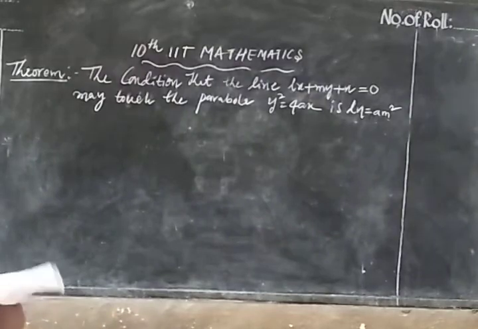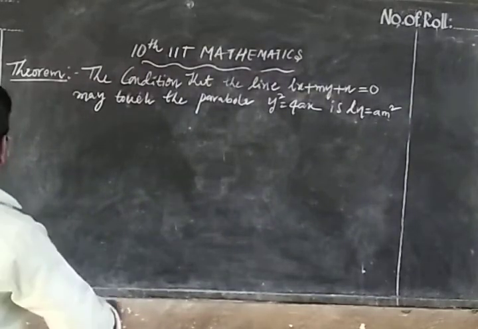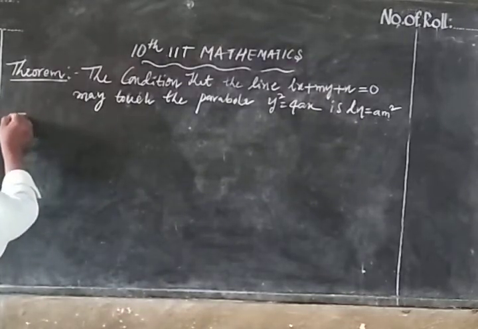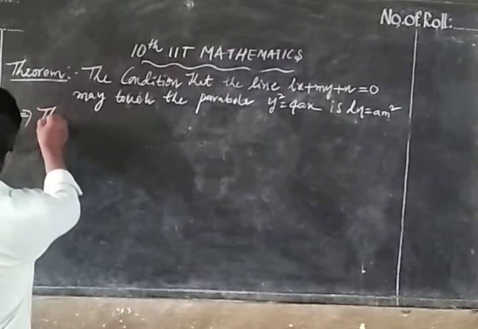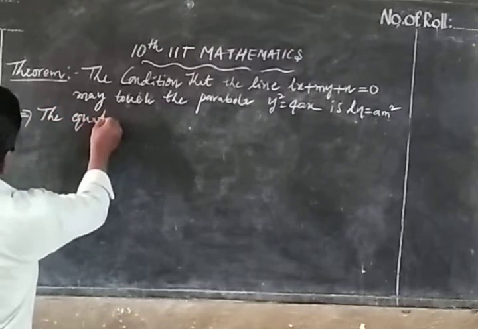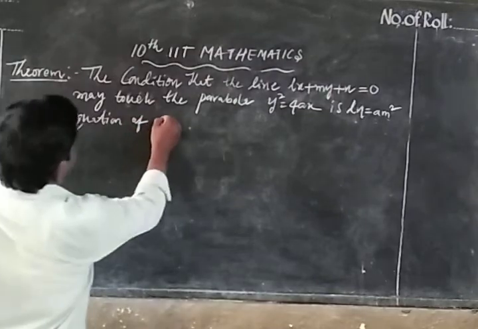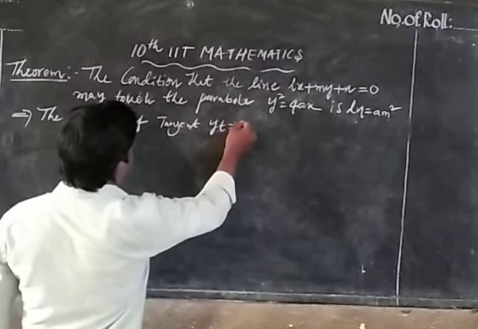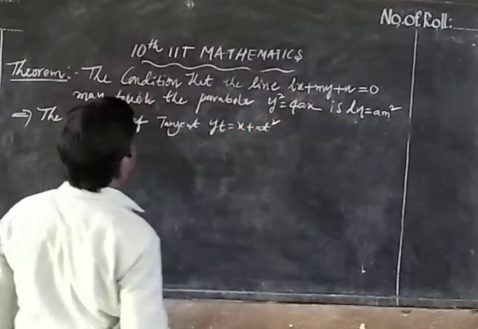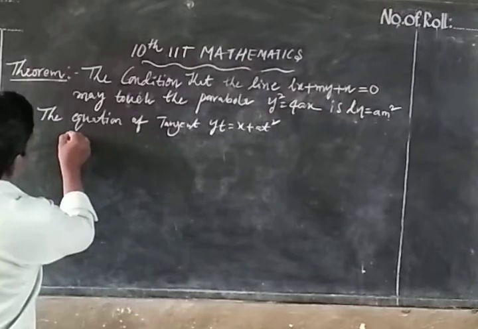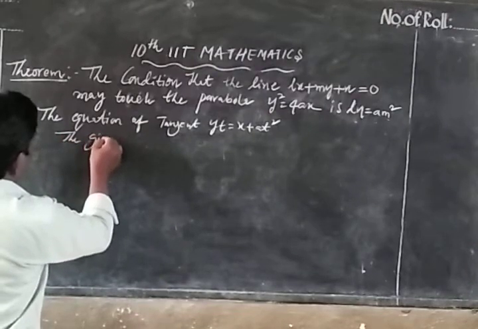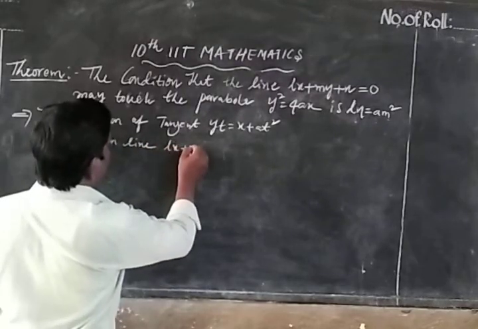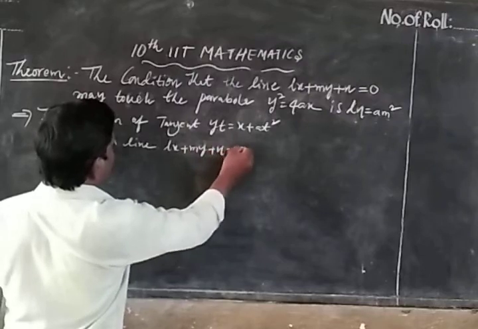In the same way we have to prove the theorem that we proved previously. Now the equation of tangent is yt equal to x plus at square. Next, the given line lx plus my plus n equal to 0.